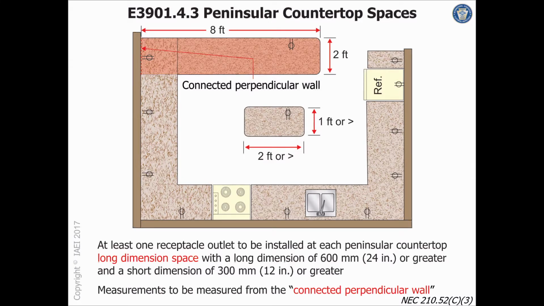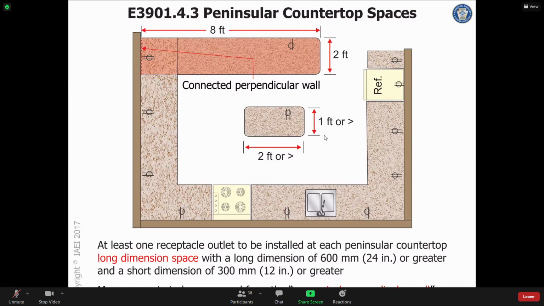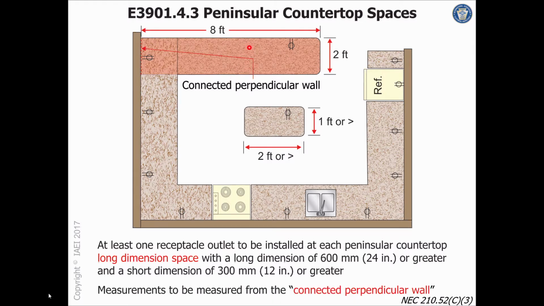But what we have in code language for the 17 NEC and 18 IRC, when it comes to an island or peninsula, once again, you're going to take a measurement from this connecting edge right here out, and then a measurement this way. And if you come up with 24 inches or greater one way, 12 inches or greater the other way, you need a receptacle.